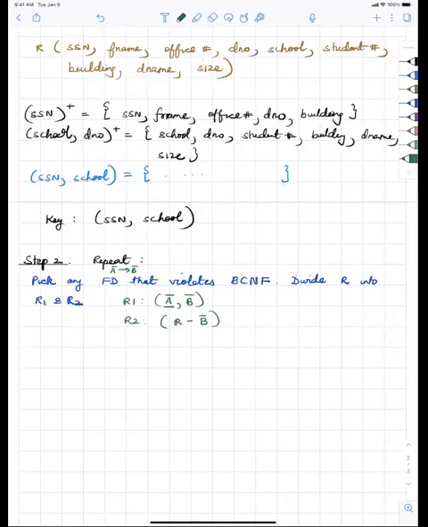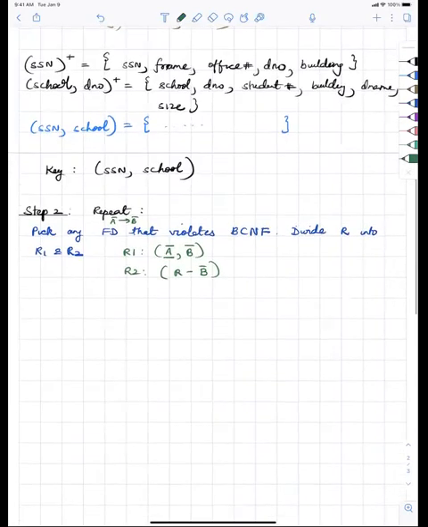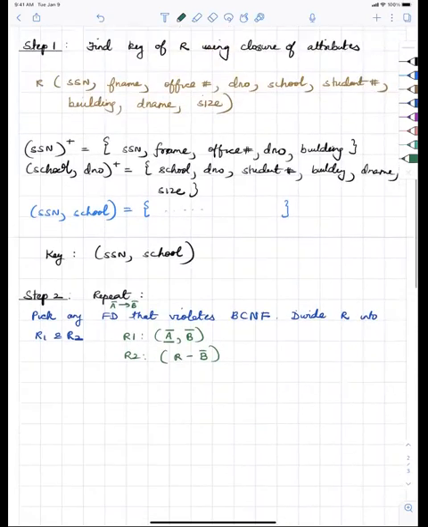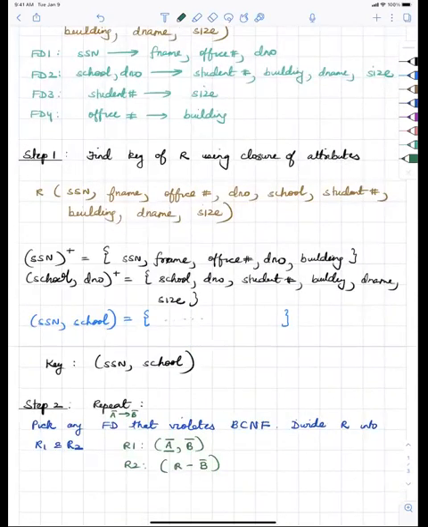So let's start with any functional dependency in the original table that does not satisfy the rules. And there are many of them here. FD1 does not satisfy, FD2, FD3, FD4. So you can pick any. So let's start with FD4.